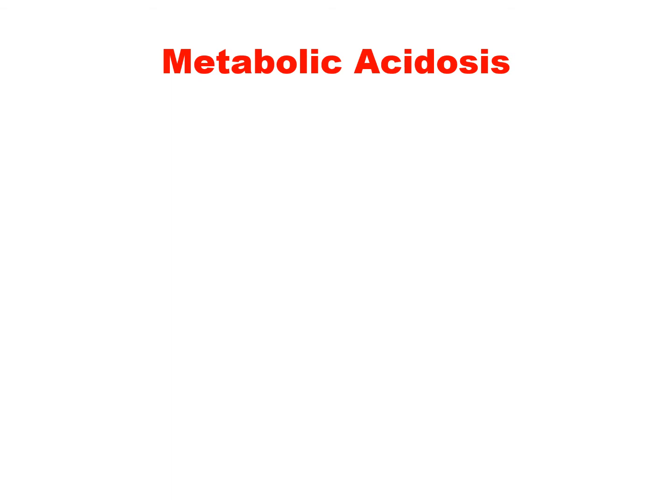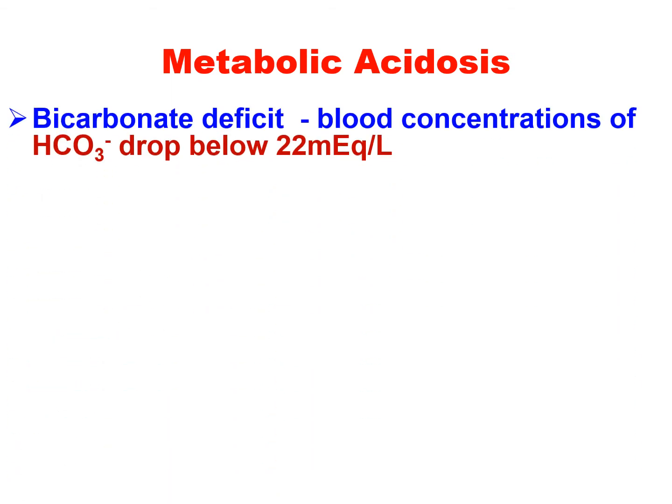Now we know metabolic acidosis is linked to bicarbonate, a drop in bicarbonate concentration. What drop in concentration of bicarbonate? The normal concentration of bicarbonate we know is around 24 milliequivalents per liter, but when the blood concentration of bicarbonate drops below 22 milliequivalents per liter, metabolic acidosis sets in.